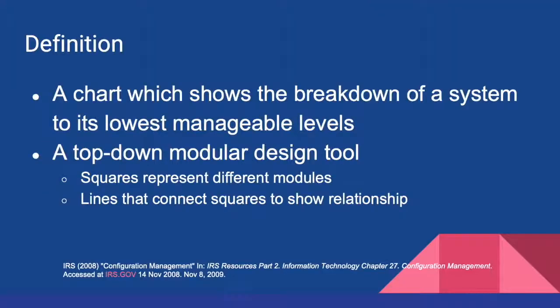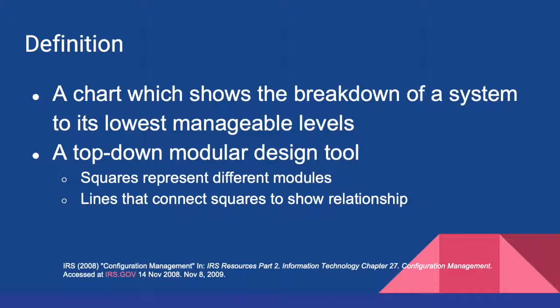To describe the structure chart, it is basically an organizational chart that simplifies a program to its lowest manageable level. Each function that is used within the program is connected to other functions that call that program.